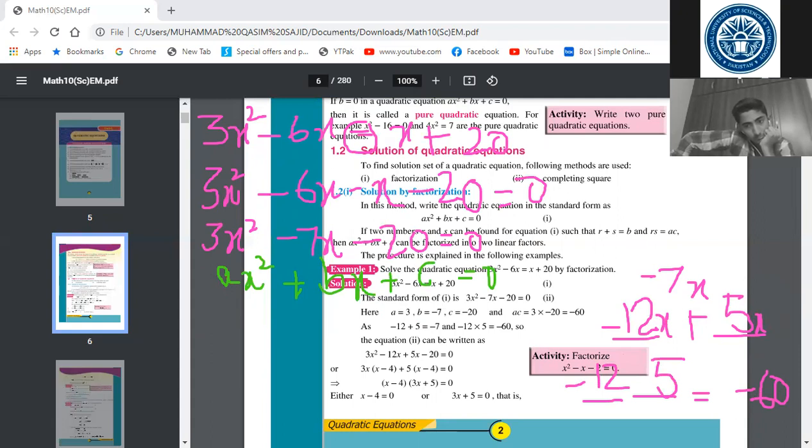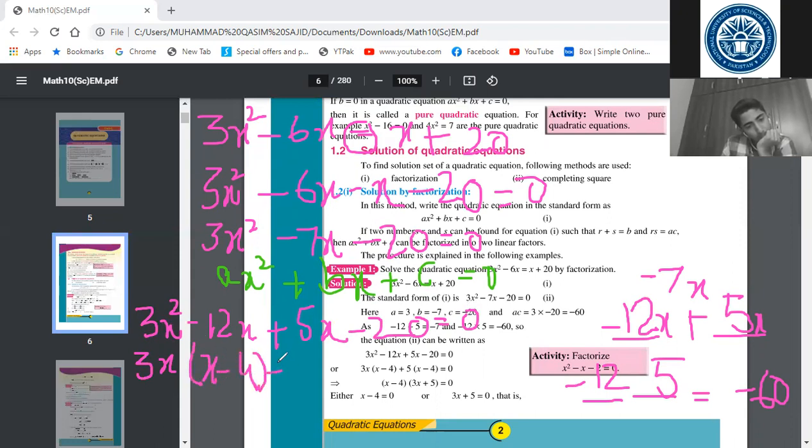These are the two unknown factors of minus 7x. So it must be separated into 3x square minus 12x plus 5x minus 20 equals 0. Here we take 3x common: 3x(x minus 4), then taking 5 as common: 5(x minus 4) equals 0.